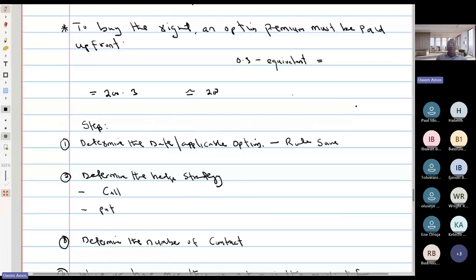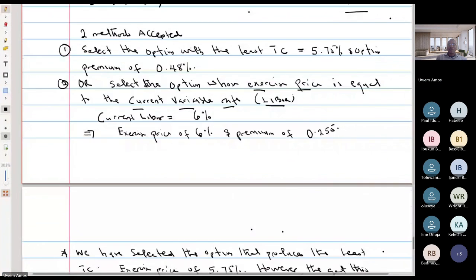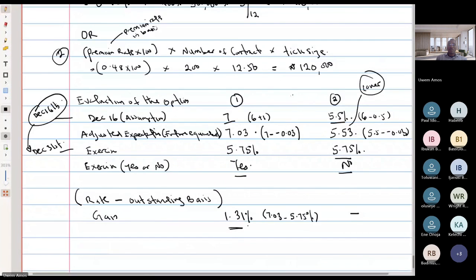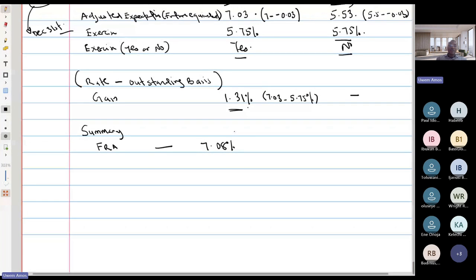So let's note our figures from all of the three. Summary. FRA, you would get 7.08%. That is the interest rate that Mr. Bighart will lock in if he had gone with FRA, which is our forward rate agreement.